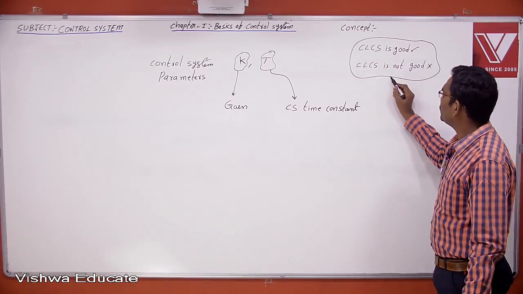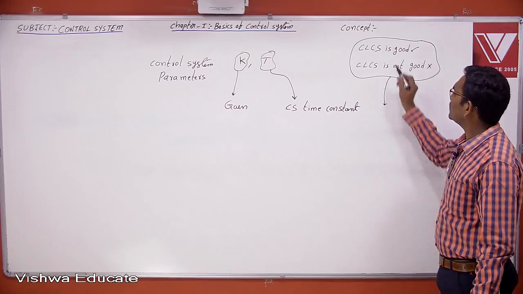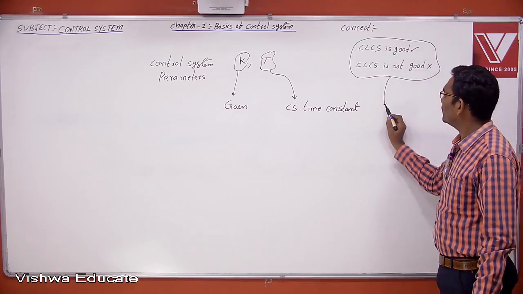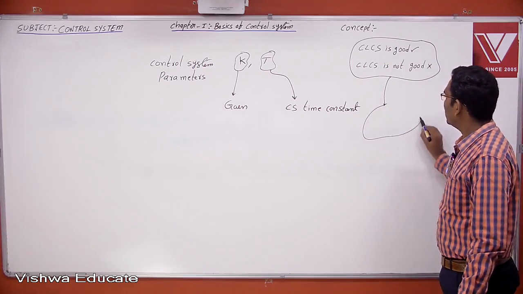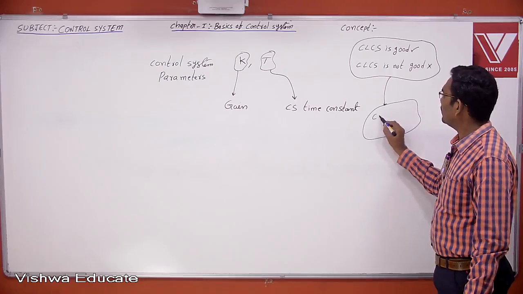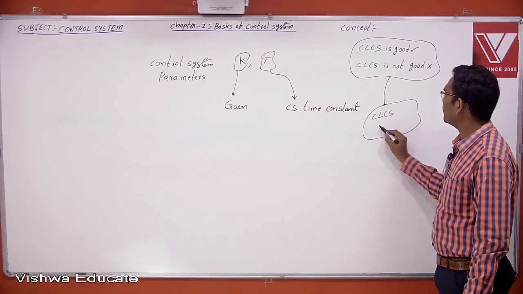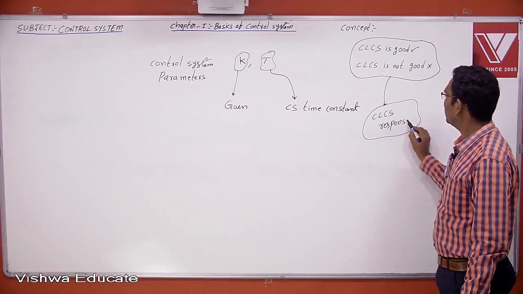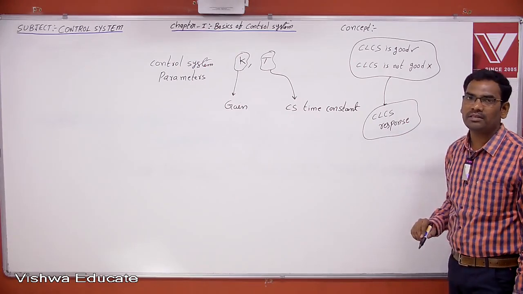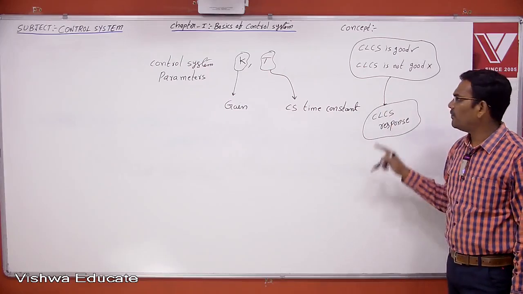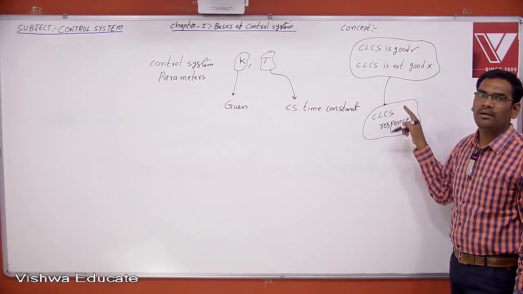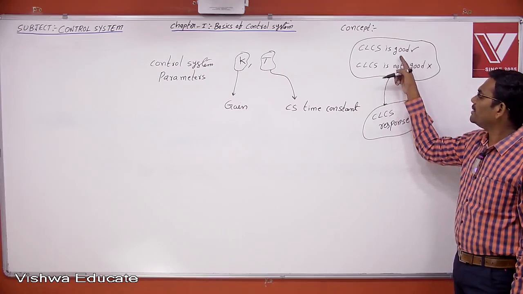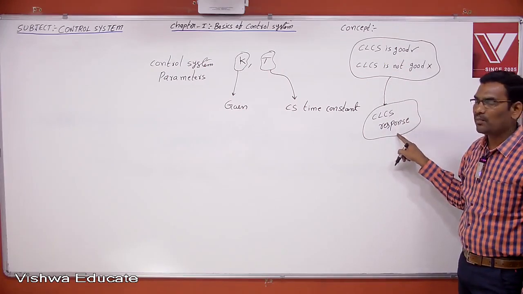Whether the closed loop control system is good or not is decided based on its response. Closed loop control system response. If it is a good closed loop control system, we can purchase it. If it is not a good closed loop control system, we cannot purchase it. That is based on its response.